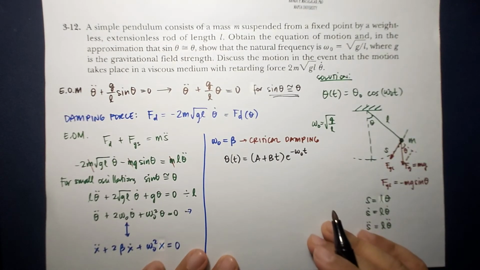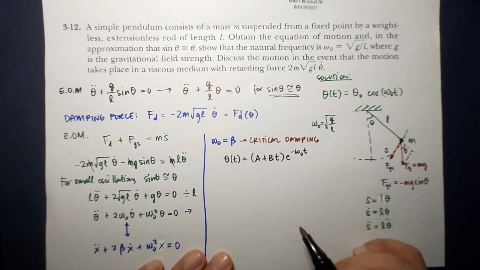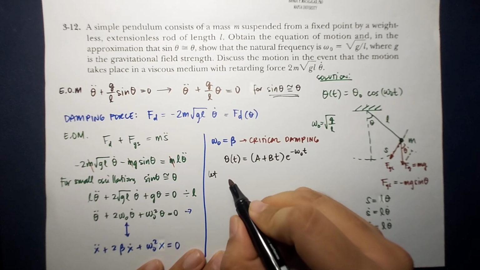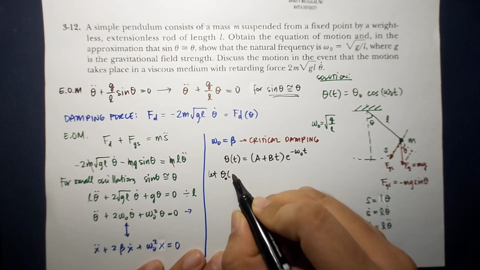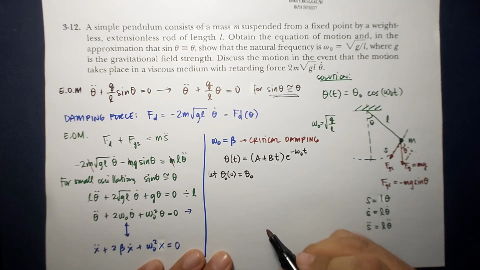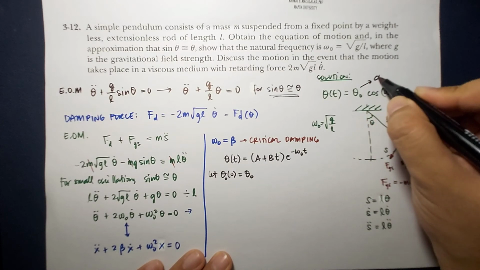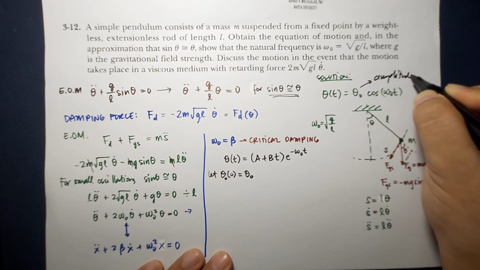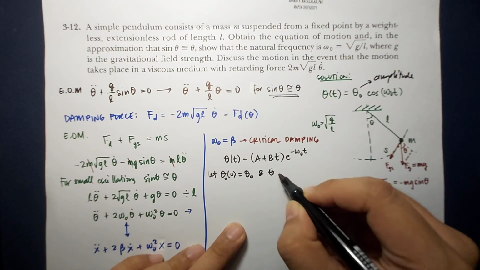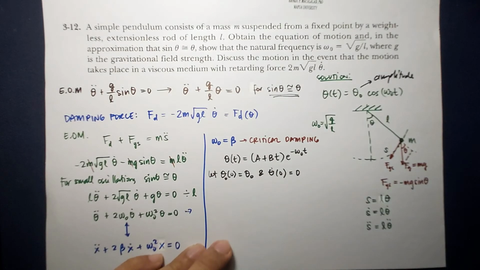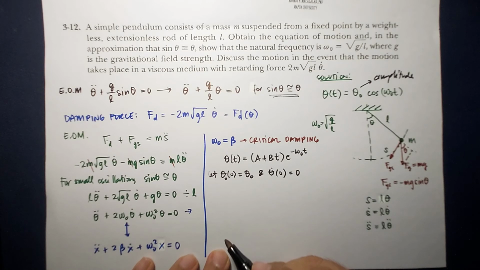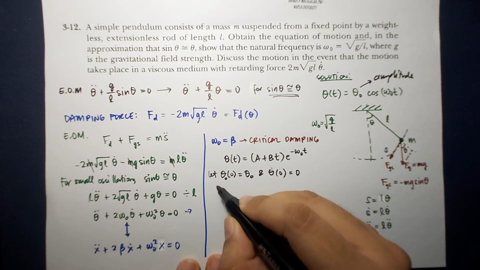Now suppose we have initial conditions. Let's say initially it started at rest and at a certain angle theta naught, wherein theta naught is the amplitude. From here, we can apply the initial conditions and we will arrive at the following result.